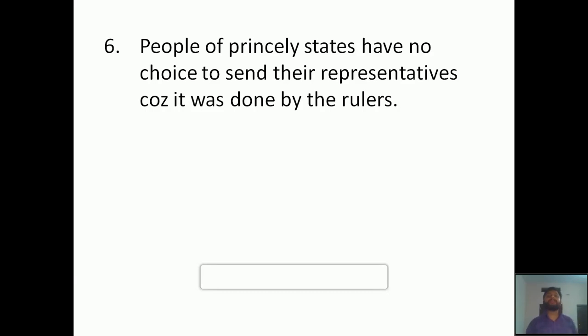Their rulers send their representatives, and people can't choose their representatives and send them to the administrative structure, especially to the legislature. So people of princely states have no choice, because the rulers' interests were always reflected in selecting the representatives.